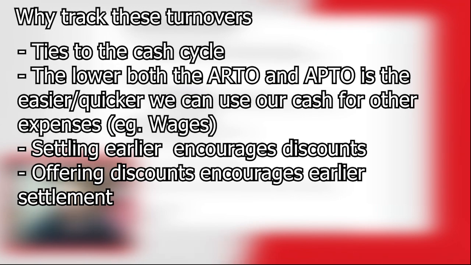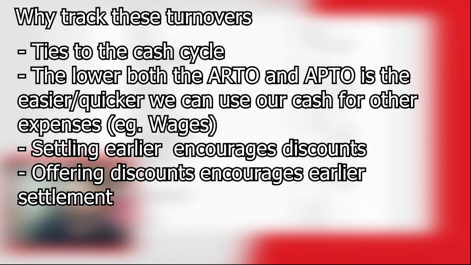Because if we wait, we end up settling the whole account, but if we access some of the discount, then hey, we're paying less, and ultimately that is positive for the business. And that ties into the cash cycle, because it's more money to use elsewhere. And that's generally what holds this all together. More money to use elsewhere.